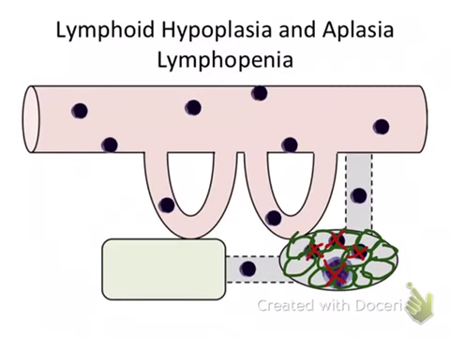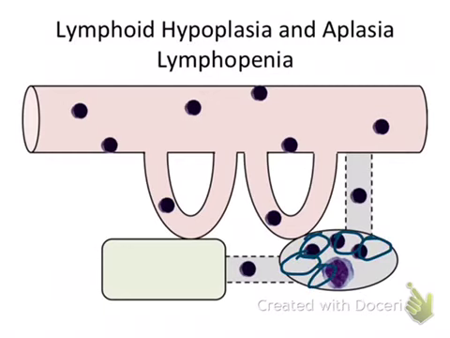Or you could have some sort of inflammation that effaces the lymph node and not have it actually be neoplastic cells. So they could be some type of inflammatory cells as well. And again, the idea there is that it's crowding out the normal lymphoid cells and causing hypoplasia of those.